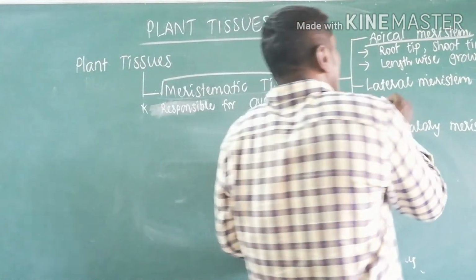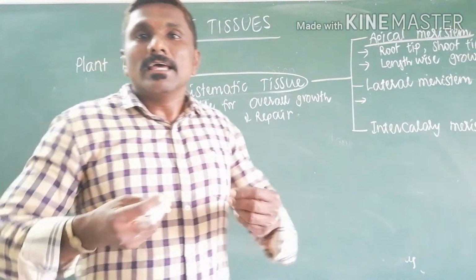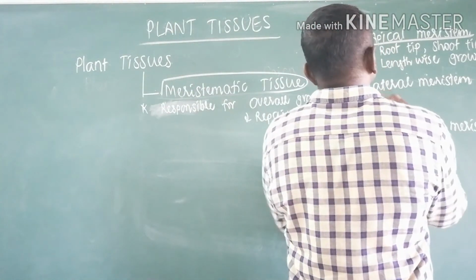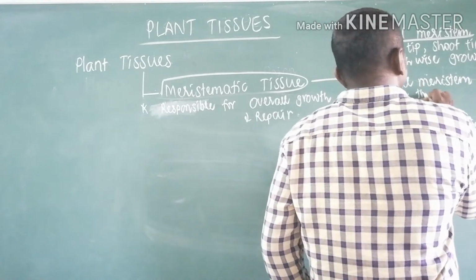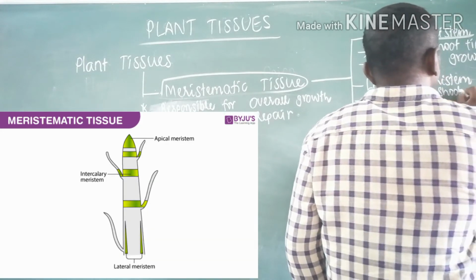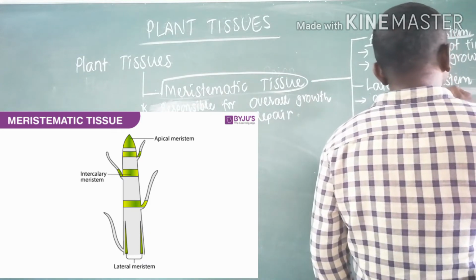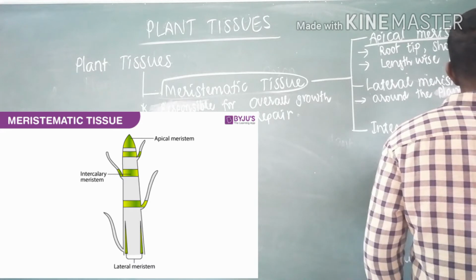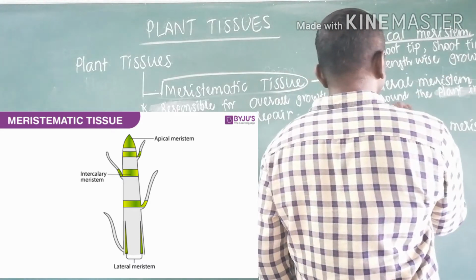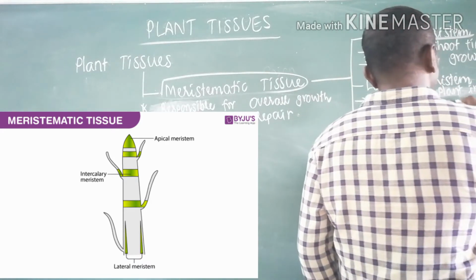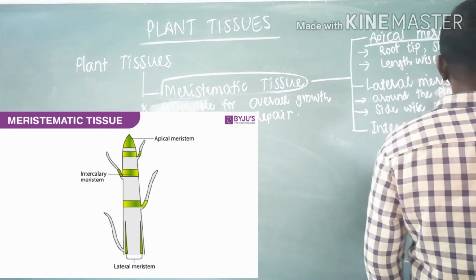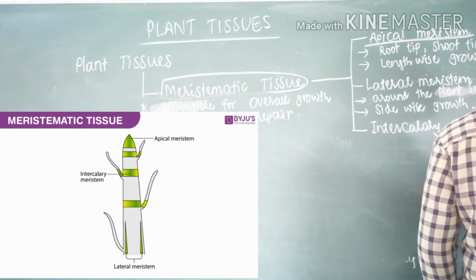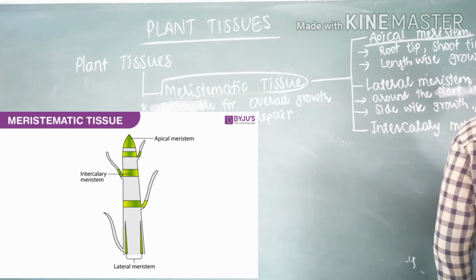Next one is the lateral meristem. It is present around the plant in a lateral manner, and it is responsible for sidewise growth, or increasing the girth of the stem.